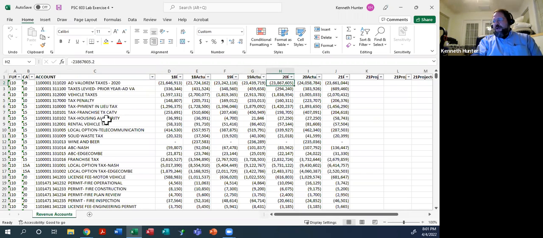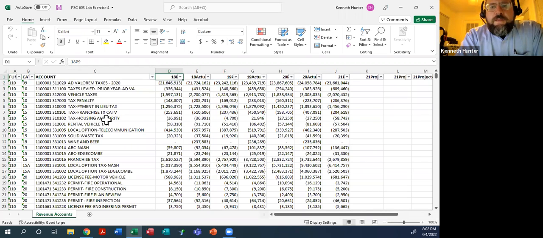So what I have done here is that this forecast would be at the end of March. You'll see that column A is the fund number, column B is the category number, column C is the account information. And then I have column D and it says 18P9. In financial accounting and government accounting, typically you number each month a period.